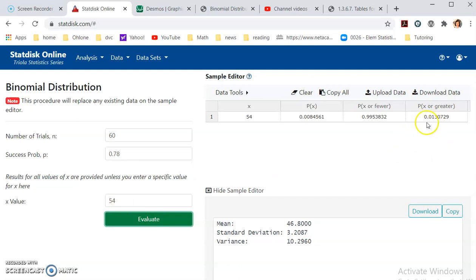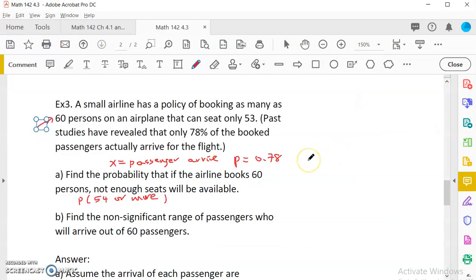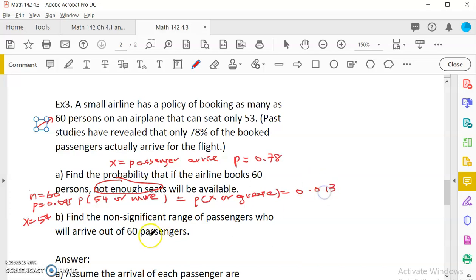So we use n equal to 60, p equal to 0.78, and x equal to 54, because not enough seats means 54 or more. I'll use the probability of x or greater, since more means greater. It is 0.013.